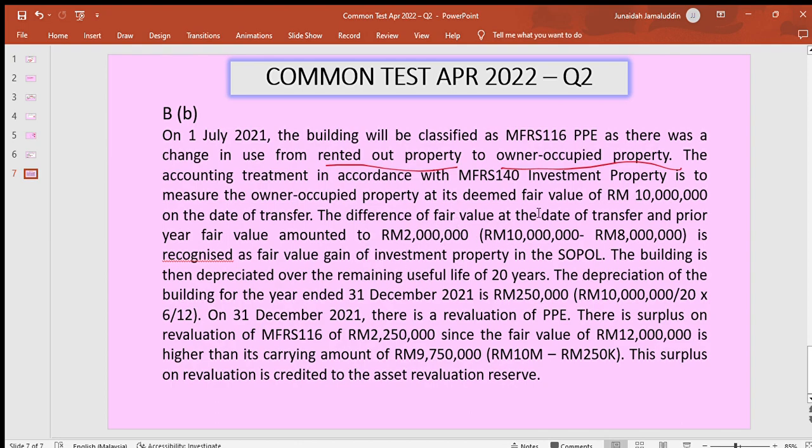You can show the calculation 10 million minus 8 million. So this is a fair value gain which is to be disclosed in the SOPO. And then the building is depreciated over the remaining life of 20 years. Since the property has become PPE, owner occupied property, it has to be depreciated over its remaining useful life.